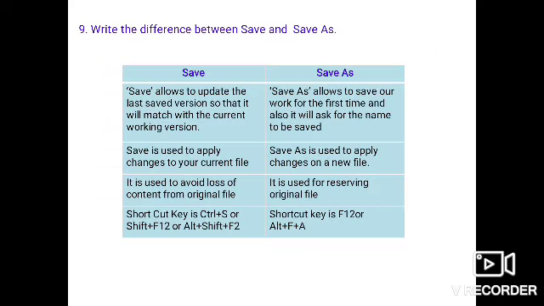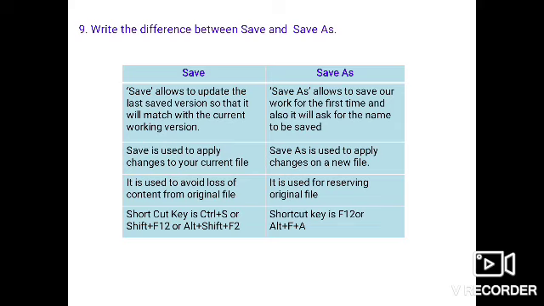Next question, write the difference between save and save as. I have given four differences; you can write any two of them. Save allows you to update the last saved version so that it matches the current working version, whereas save as allows us to save our work for the first time and asks for the name to be saved.